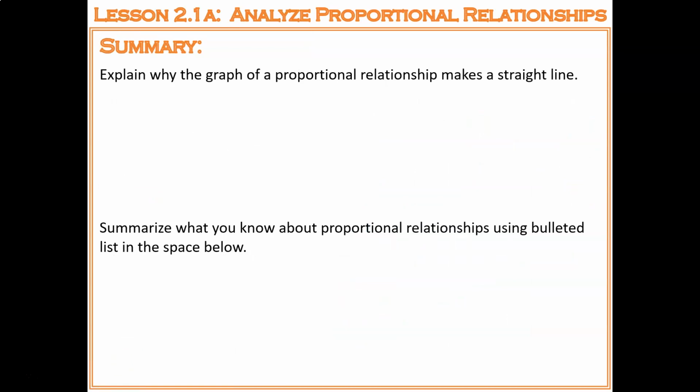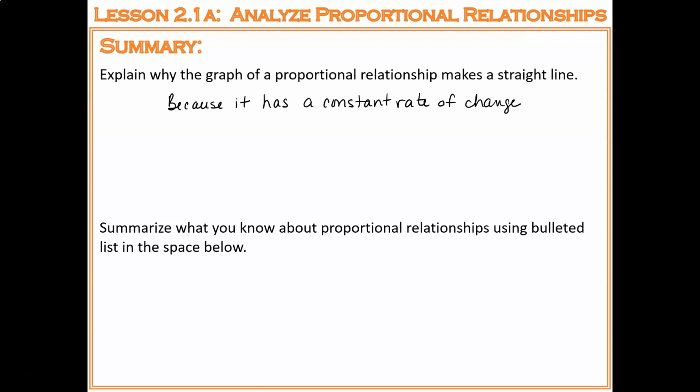These are just reviews. Let's review this together. Again, let's explain why the graph of a proportional relationship makes a straight line. That's because it has a constant rate of change. And the last point here is to summarize what you know about proportional relationships in the bulleted space below.